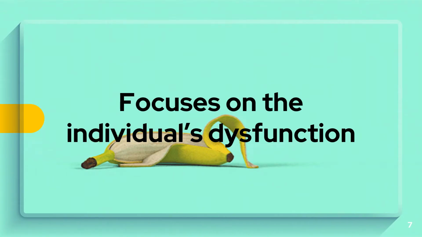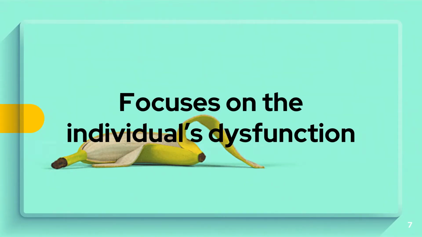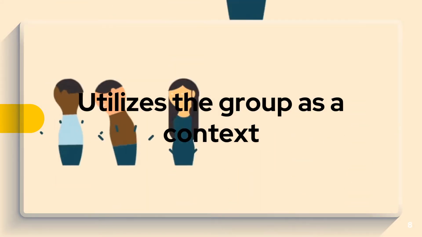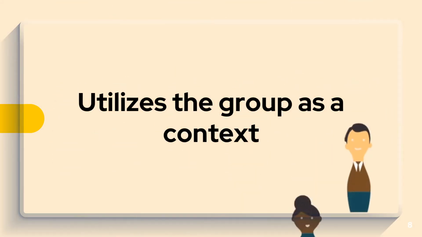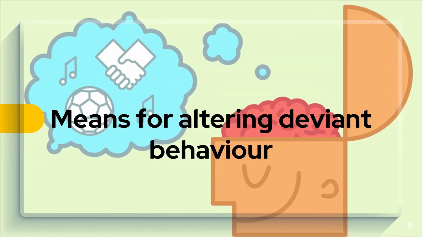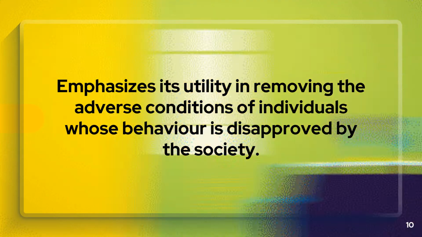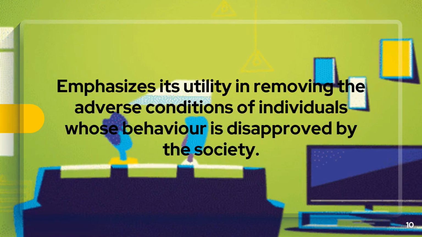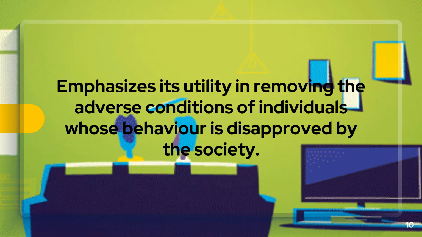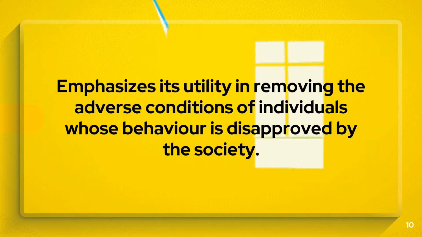Remedial model focuses on the individual's dysfunction and utilizes the group as a context and means for altering deviant behavior. This approach to group work practice emphasizes its utility in removing the adverse conditions of individuals whose behavior is disapproved by the society.